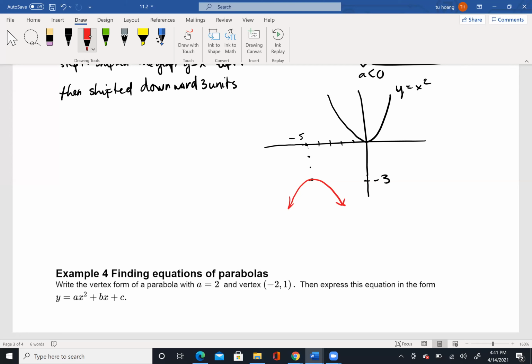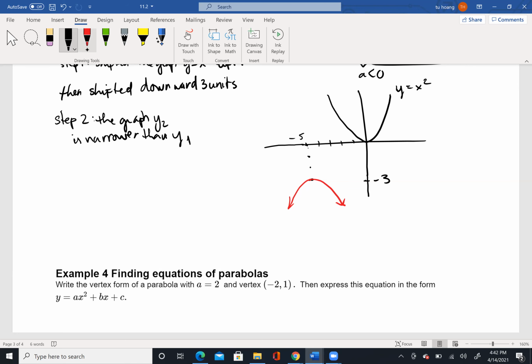And then what else? I will have step 2. The graph y2 is narrower than y1.